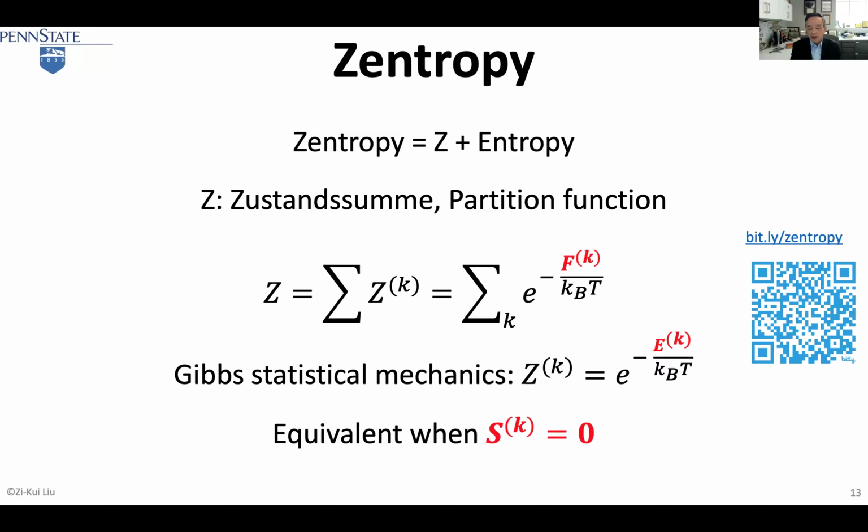So when we talk about S1, it's actually equivalent if each configuration has no entropy. That means if each cat is identical, okay, each dog is identical, then they have no internal entropy anymore, and then you go back to the Shannon entropy because that's S equal to 0.